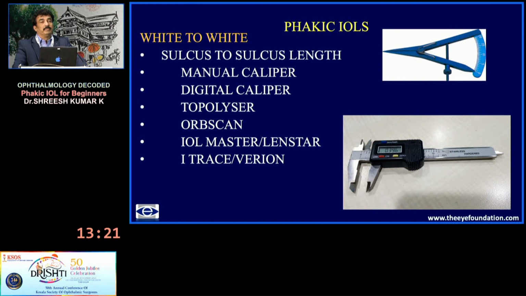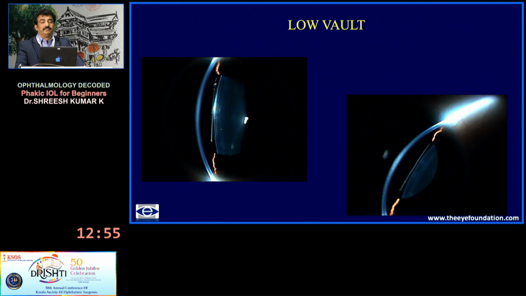There are various instruments available for white to white measurement, and the preferred one is, with the experience we have, having done quite a good number of phakic IOLs, the digital caliper. I could say it is the best way to measure white to white. It can be cross-checked with the Topolyzer or Pentacam values.